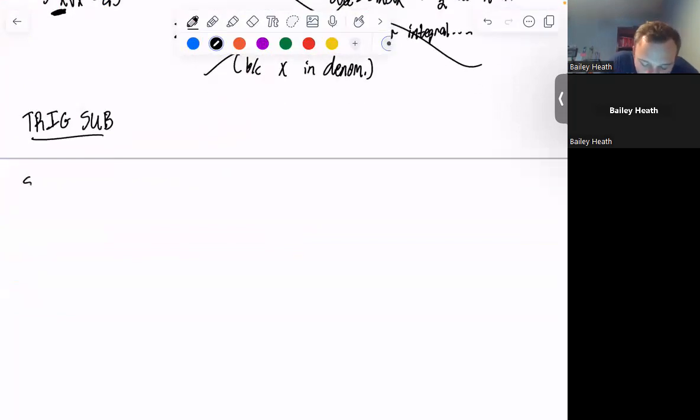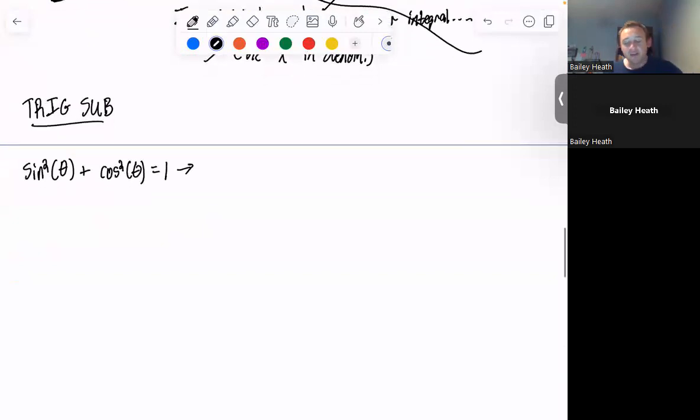So trig sub, the idea behind trig sub all kind of starts with this identity that sine squared plus cosine squared is equal to 1. I don't know about you, this is my favorite trig identity because it's the foundation of so many others. Okay. In particular, what does this tell us? This tells us that cosine squared of theta equals 1 minus sine squared of theta.